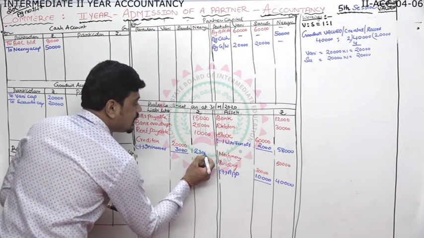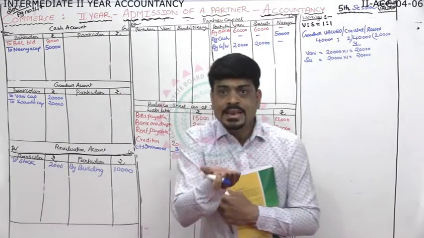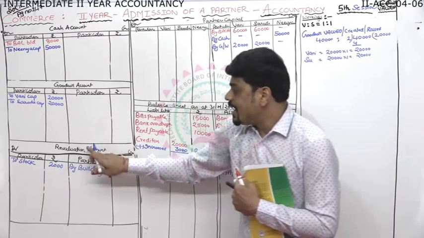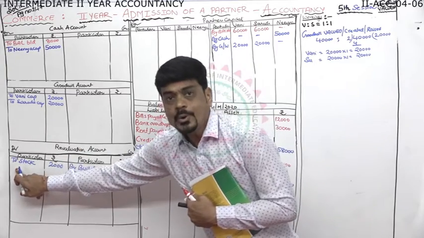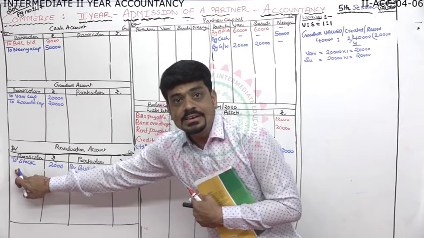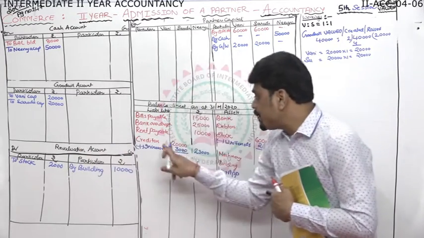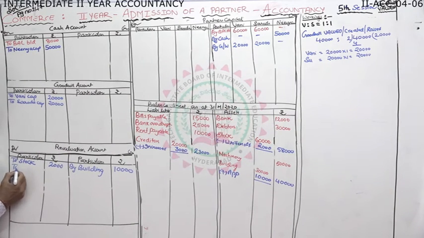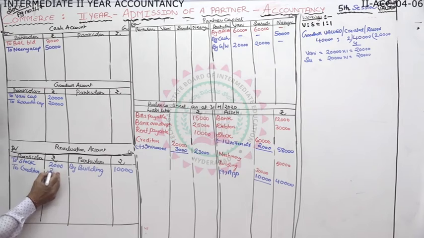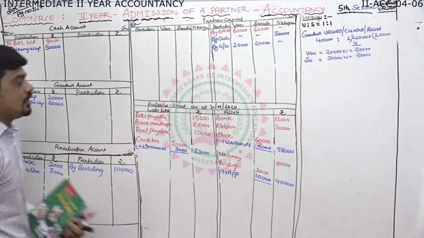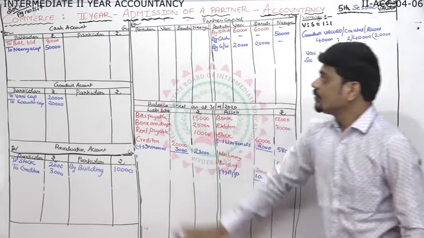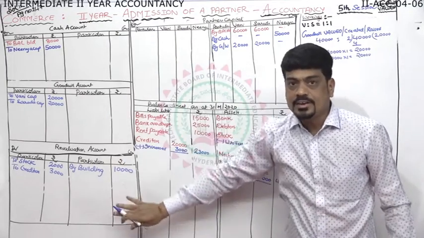So 23. When liability increases, the journal entry says revaluation account debit to liability account. What is the liability? Creditors. So revaluation account debit to creditors. How much dear? 3,000. Like this, all the postings are done.